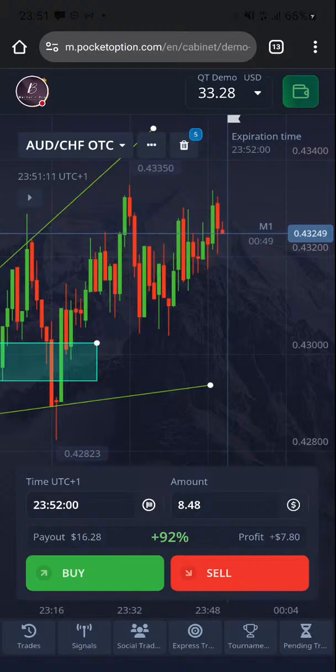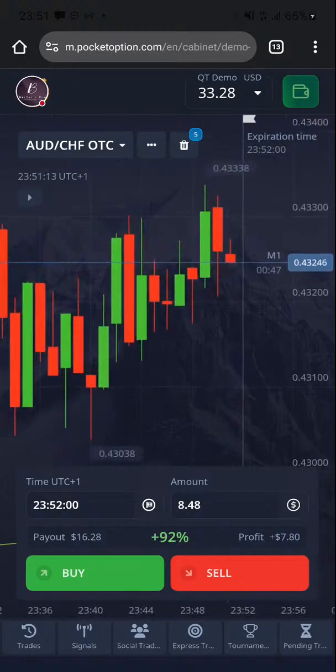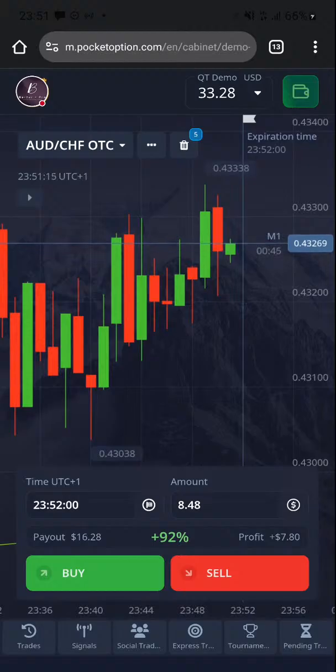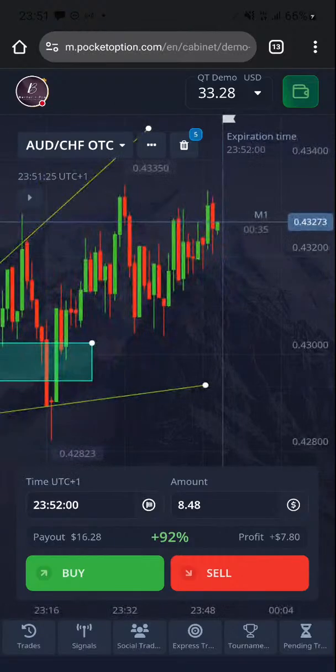Now, if you want to register with the broker, the link is called broker link. If you click the link, it will take you directly to Pocket Option where you can register, and from there you'll be given a demo account that you can use to practice.